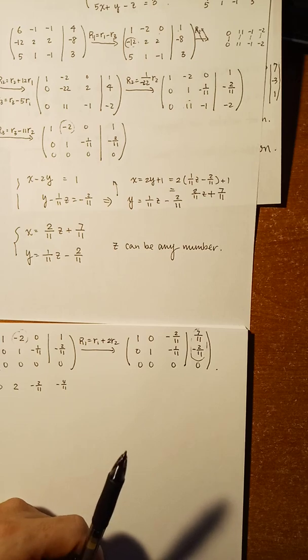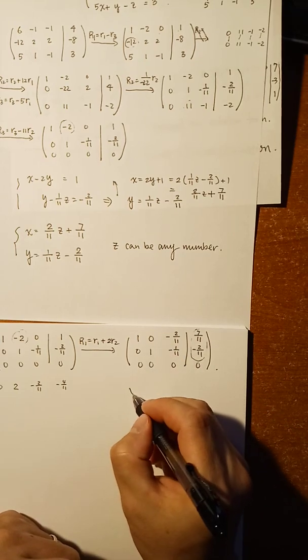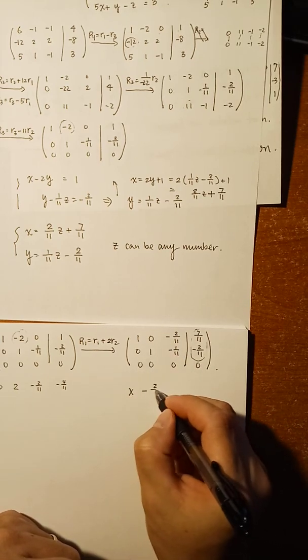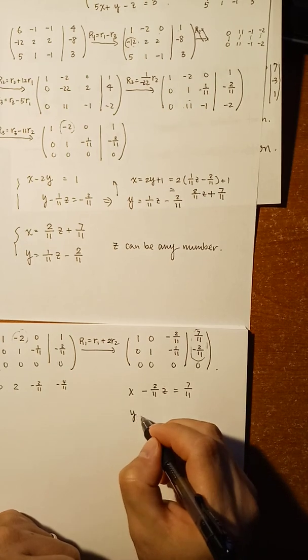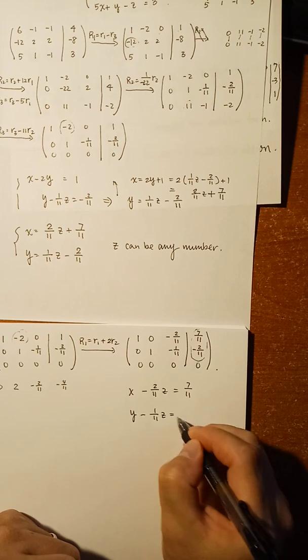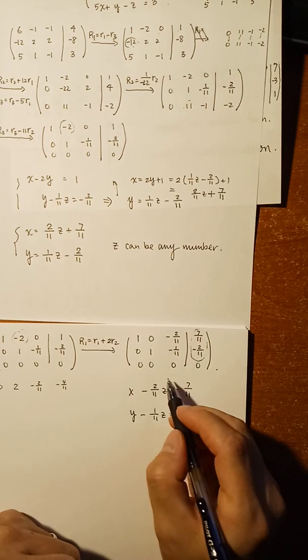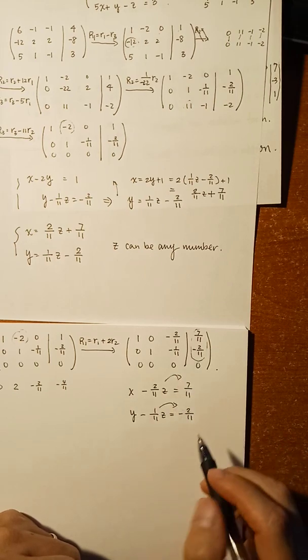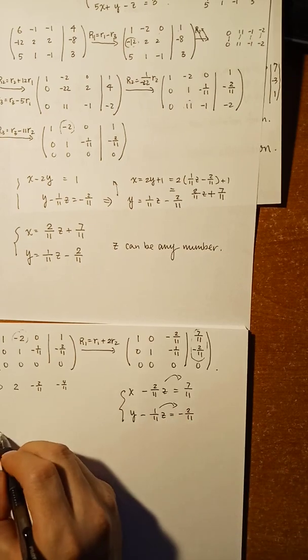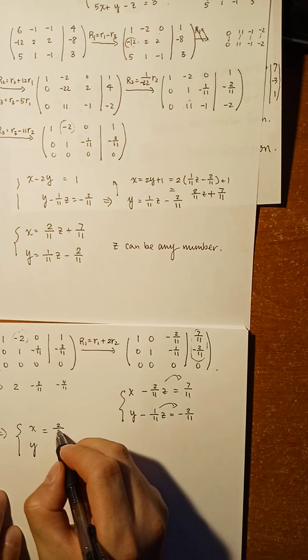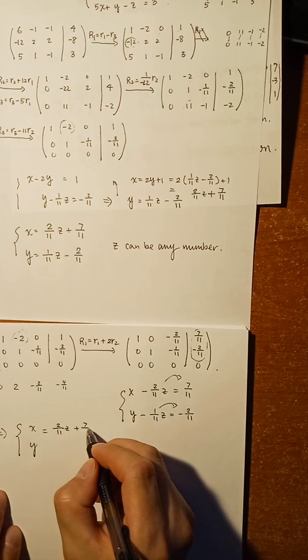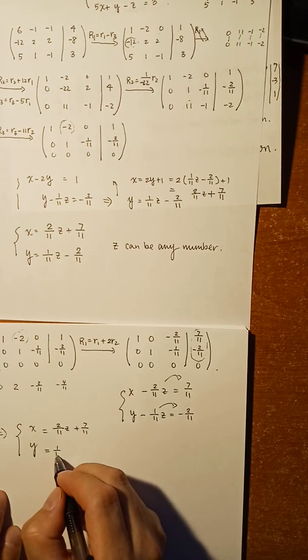All right, so from here you can directly get x minus 2/11z is equal to 7/11. Y minus 1/11 of z is equal to -2/11. And then you move those two terms to the right side, you will still get the same solutions.